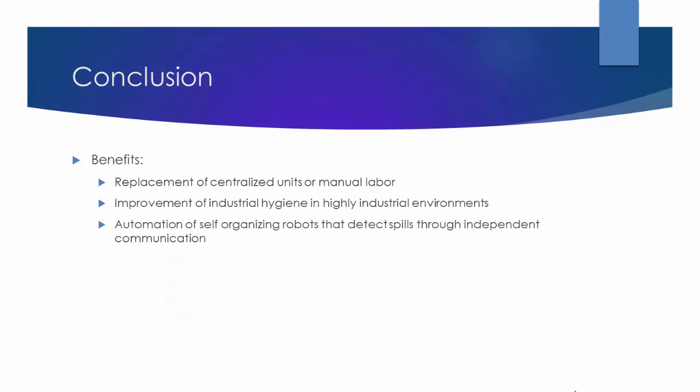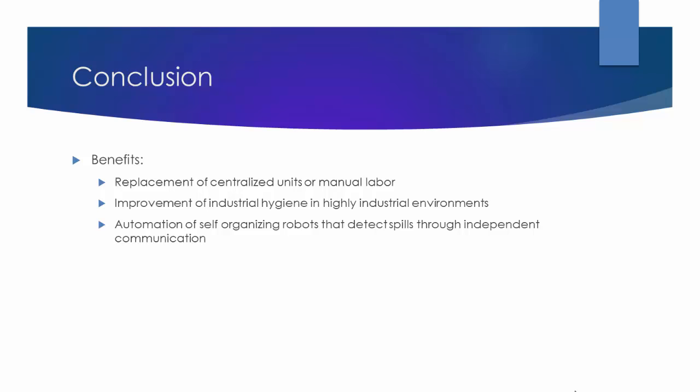So in conclusion, there are many benefits of using an MAS model for simulation and implementation of our ideas. We want to replace centralized units or manual labor. So automation was the big idea that would improve processes of cleaning up spills within a manufacturing facility.